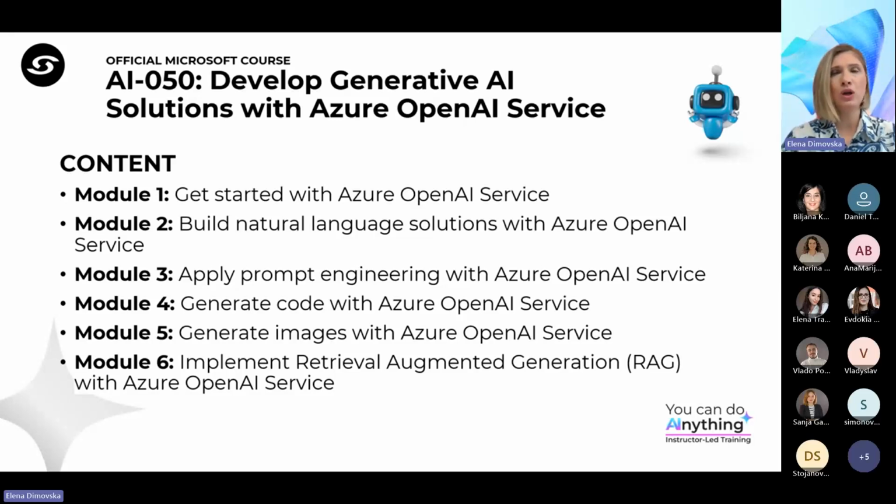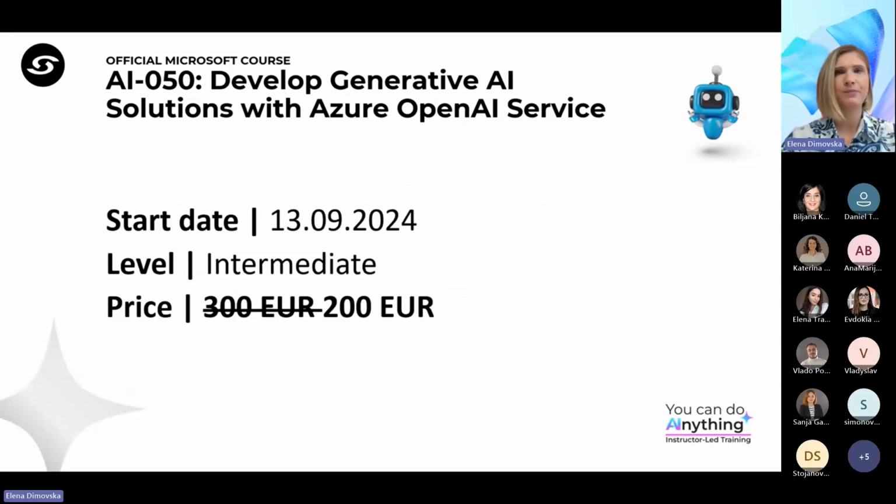Then you are going to generate code using OpenAI services, images, and even the most popular nowadays, implementing retrieval augmented generation with Azure OpenAI services. 13th of September is the date where you can learn more about developing generative AI solutions. Also for 200 euros, and this is an intermediate level course.